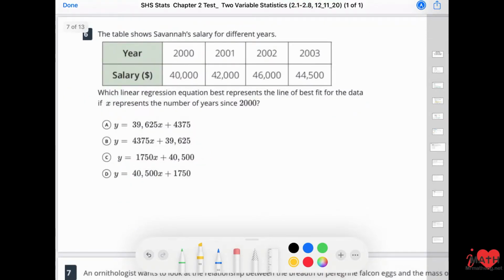Number 6, the table shows Savannah's salary for different years. Which linear regression equation best represents the line of best fit? That means our regression line, the least squares regression line for the data, if X represents the number of years since 2000.